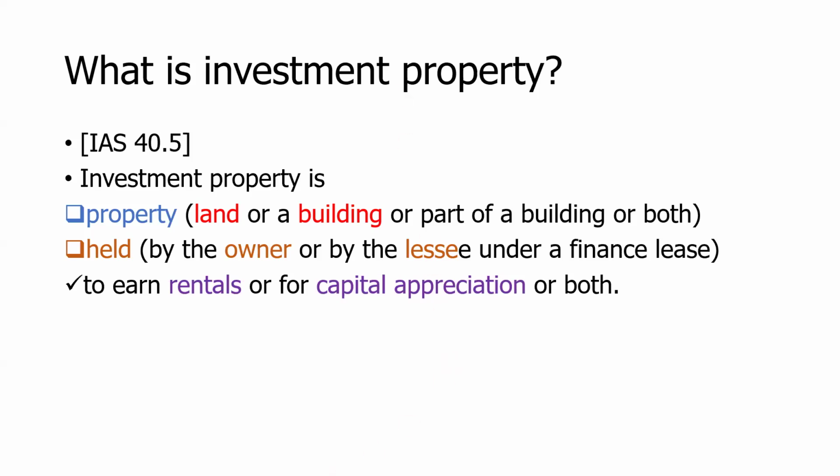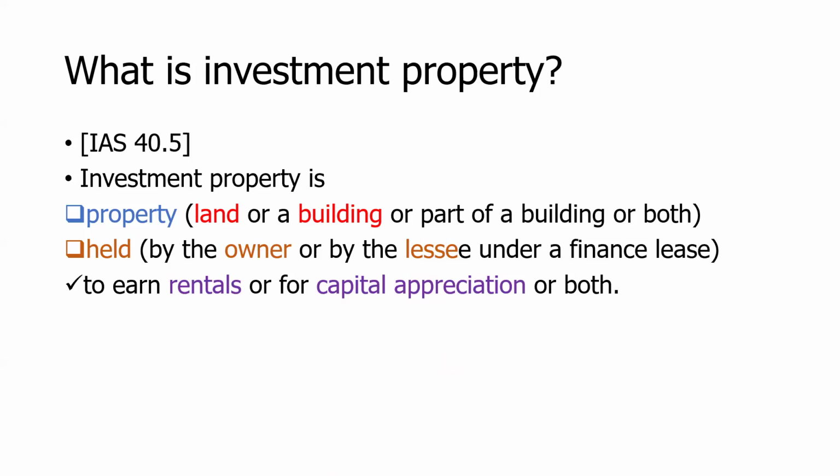A hostel is investment property. The owners of a hostel built it for rental purposes. It's basically investment property. If you have a building, maybe apartments for hire for rental purposes, it's also investment property.